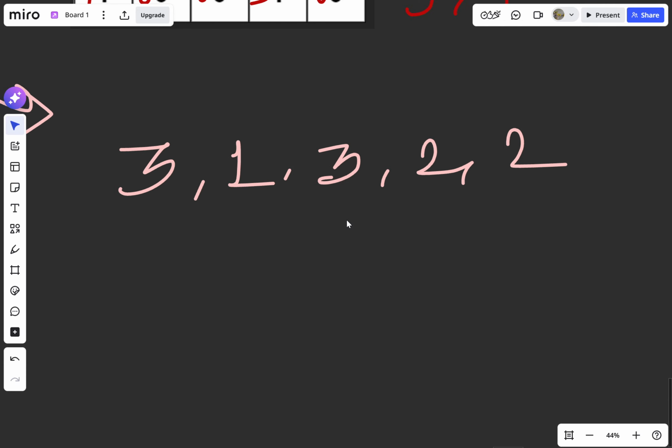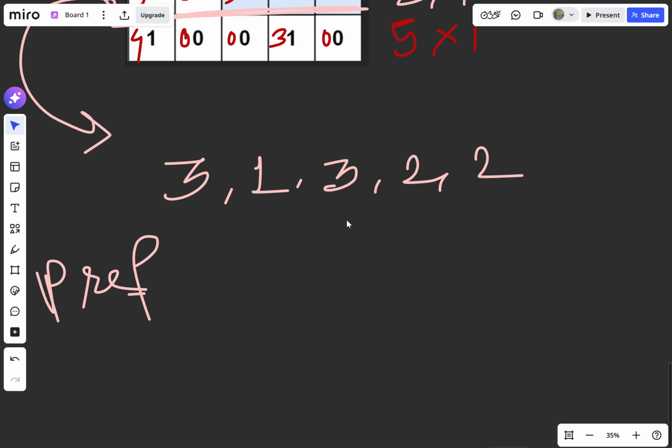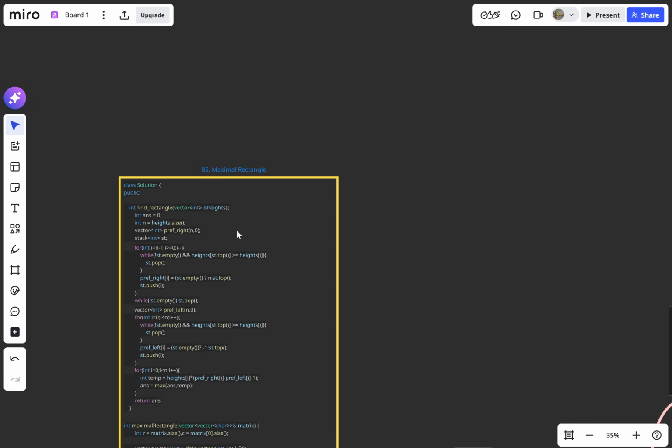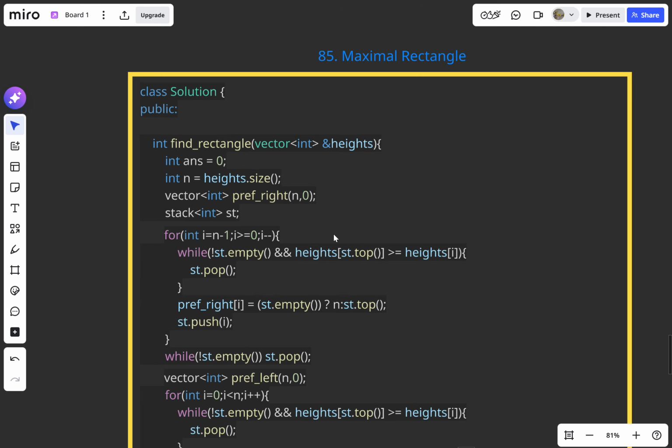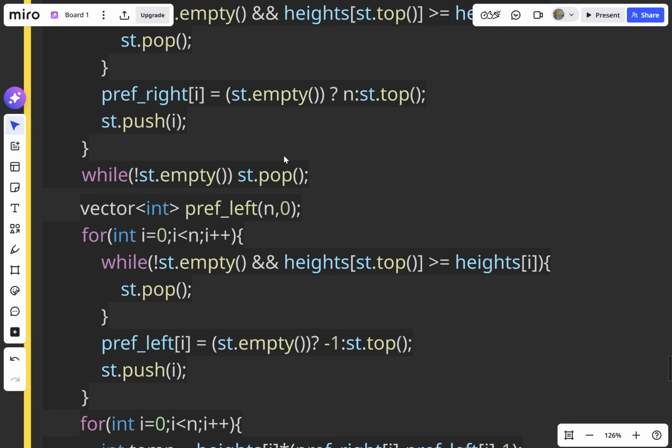Now, in the prefixes, what will we be storing here? The prefix sums are stored, and to find the rectangle we use prefix right and prefix left.